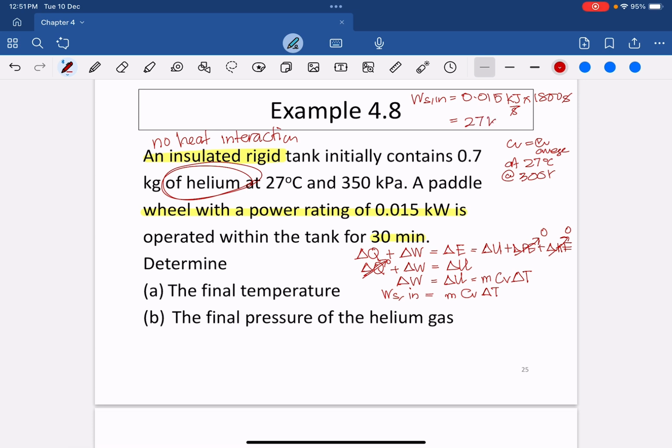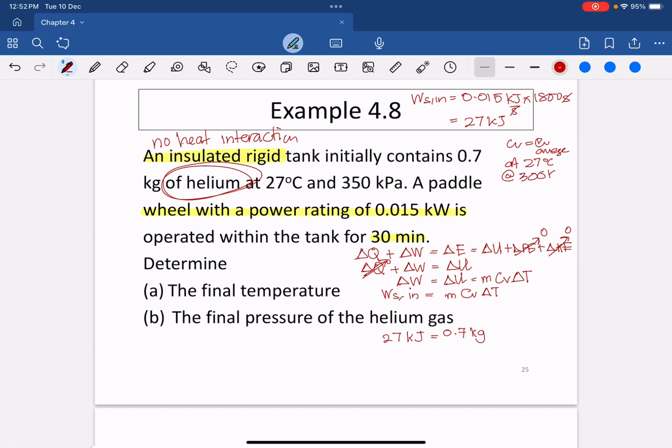So 27 kilojoule is the amount of shaft work into the system. This work will change the internal energy of 0.7 kilogram of helium, using the specific heat capacity of helium.